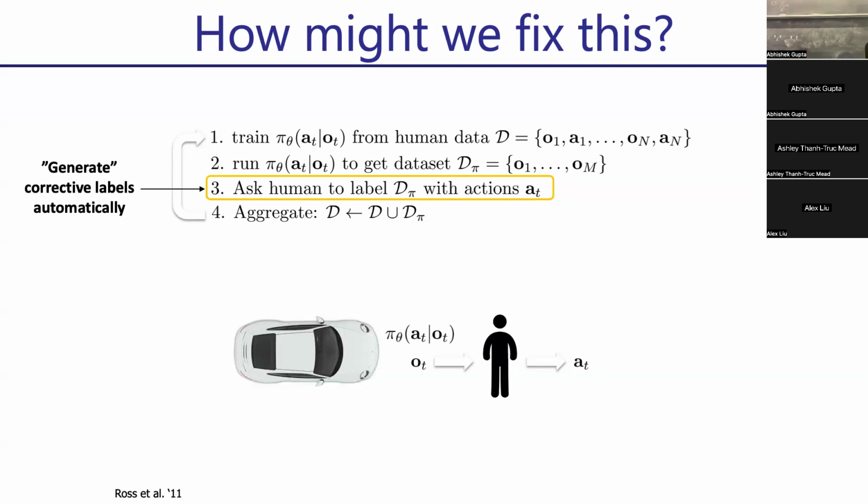And so the next thing we considered is one of the papers from my group, where we're trying to solve this issue of not having to inject noise at training time, but also avoid having a human label these optimal actions. We're trying to deal with both issues. The premise is still that we're trying to deal with compounding error, but we want to operate under the same assumptions as behavior cloning. We assume that we get some optimal data, no noise, and we want to get corrective labels without a human and without noising the training process.